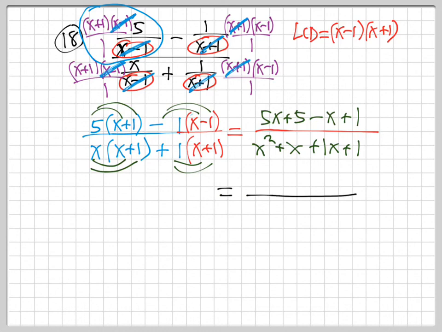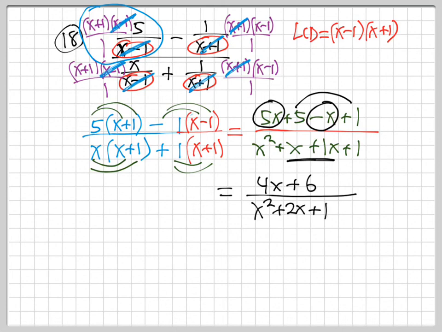So what does that leave? 5x minus x, 4x, 5 plus 1, 6. What about the bottom? x plus x, 2x, plus 1. And we're done there.